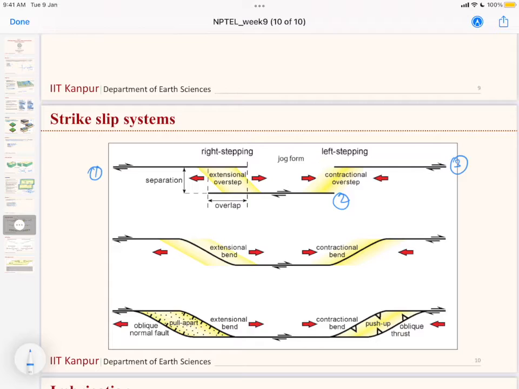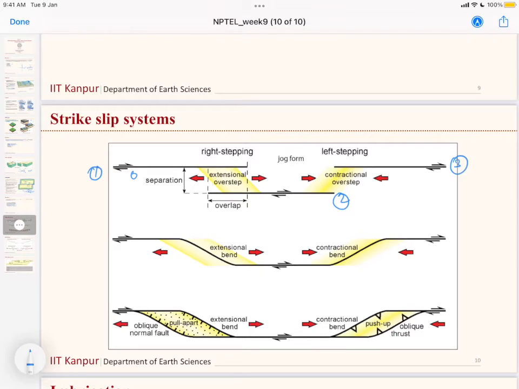Answer quickly. Now I think you can answer it quickly. Dextral. Similarly for the second one and the third one, because if you are standing over here, this block is moving in the right hand direction.